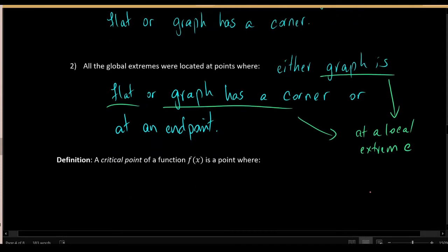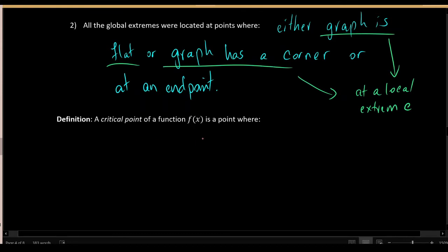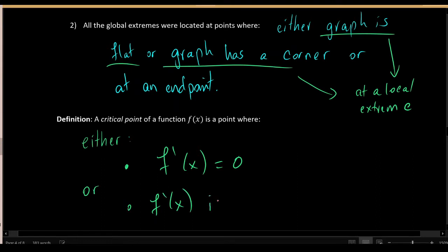So we give a special name to the locations where f of x could have a global extreme. A critical point of a function called f of x is a point where either f prime of x, the slope of the tangent line, is 0, or f prime of x is undefined.